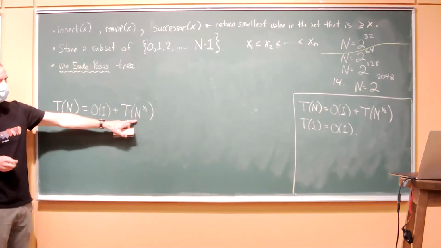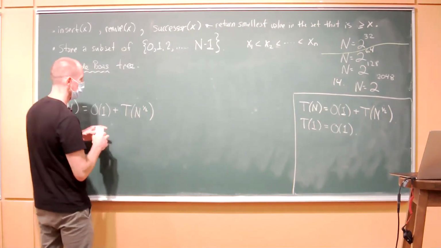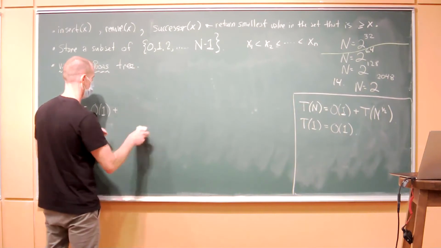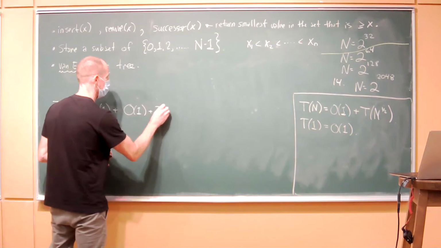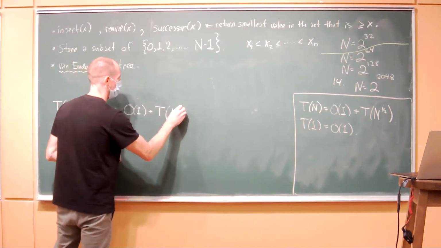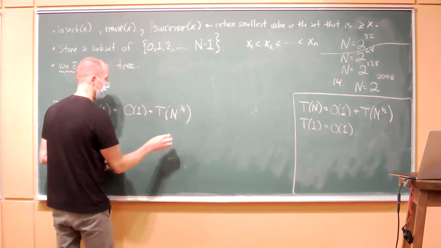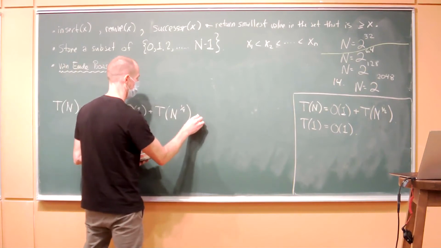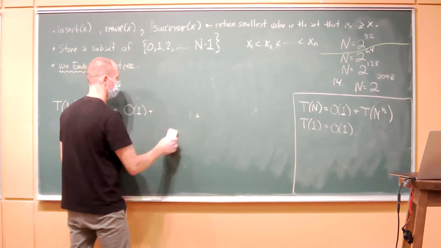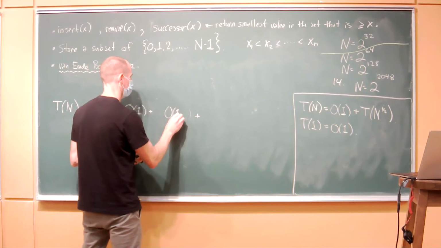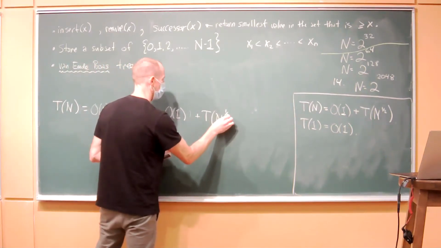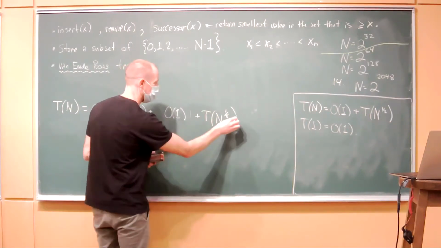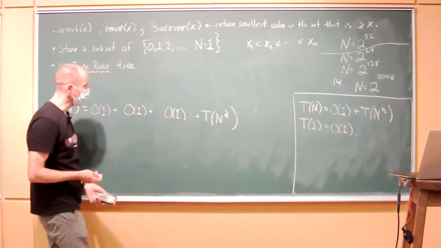If we expand this thing, we get a constant plus T of n to the 1/4. If we expand that thing, we get a constant plus T of n to the 1/8. And we can keep expanding this way.